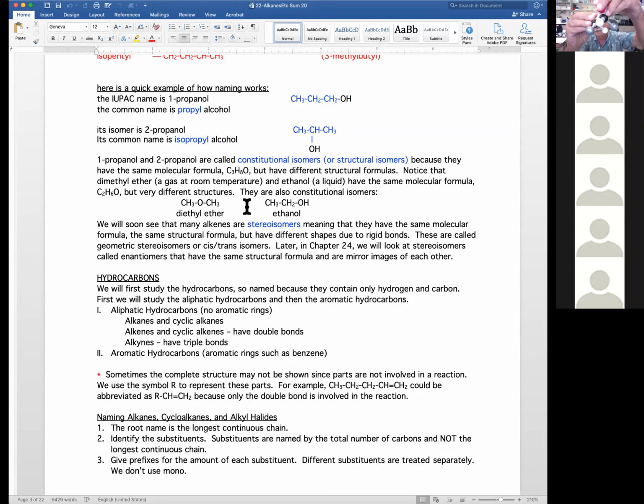The bonding arrangement is exactly the same, but they're different molecules because of their shapes. And it turns out they're mirror images of one another. Those are mirror images of each other, and they're called enantiomers. And that's what we mean by stereoisomers. So we say that they have handedness.